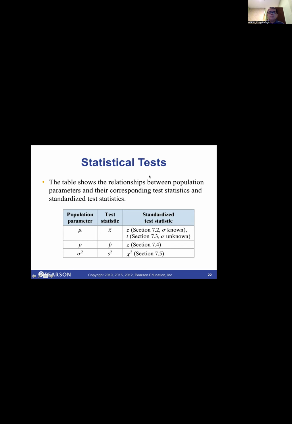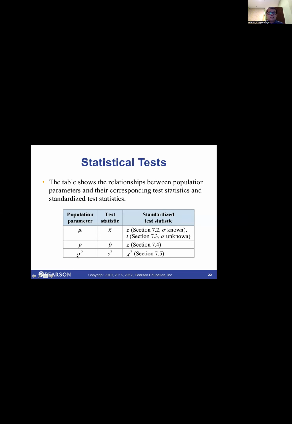And then I mentioned this one, sigma. This is a Greek letter sigma. So sigma square refers to the population variance. It looks like letter O, but that's not letter O, and it's not Q also.